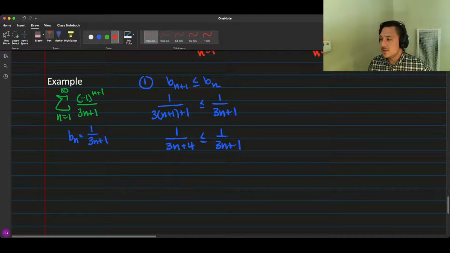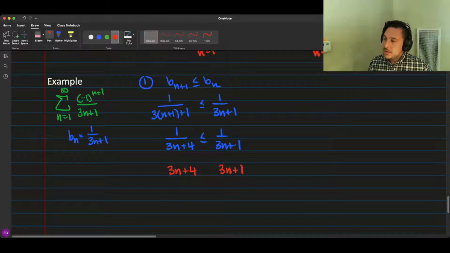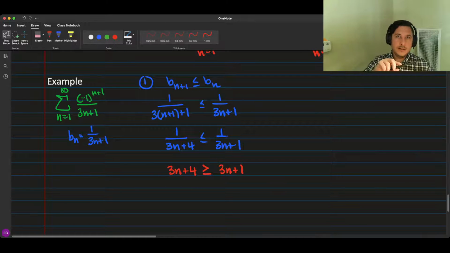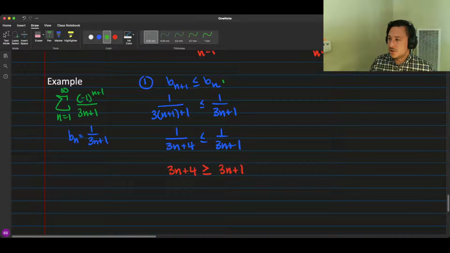Why do we know that this is true? If you look at the denominators, 3n+4 must be bigger than or equal to 3n+1, which means when you take their reciprocals, the inequality switches. So yes, this is true. It meets this criteria.